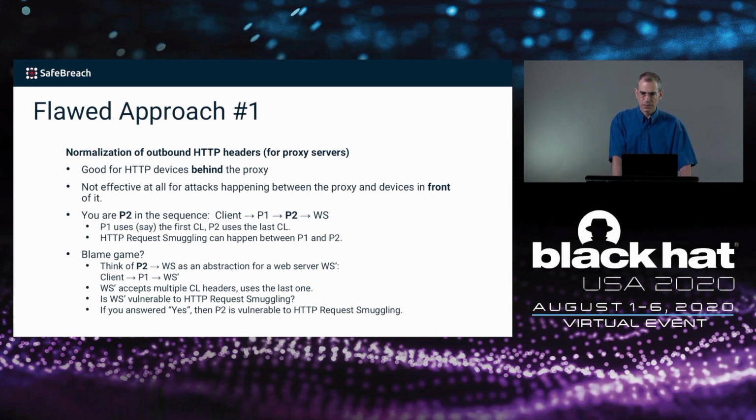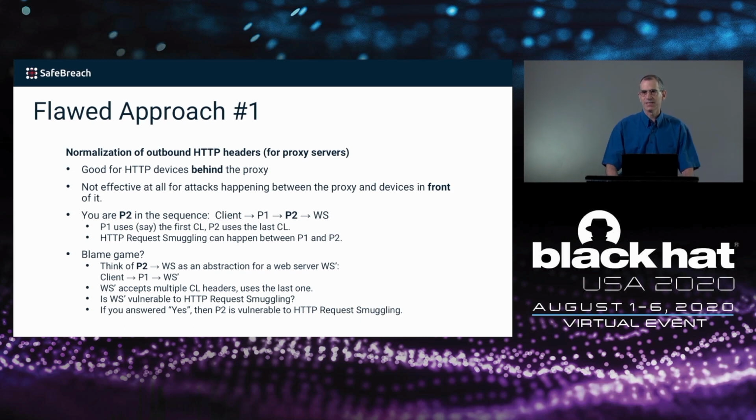Now, if you ask whether P2 is to be blamed or to shoulder part of the blame, think of the P2 to the web server connection as an abstraction for web server WS prime. So now the client is communicating through a single proxy P1 to web server WS prime, and WS prime accepts multiple content length headers and uses the last one.